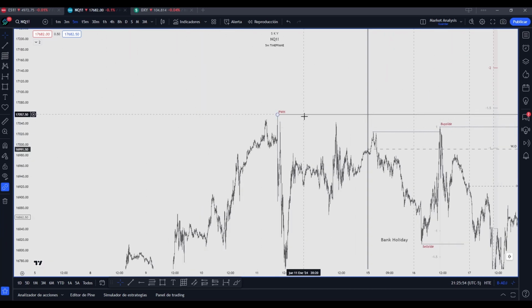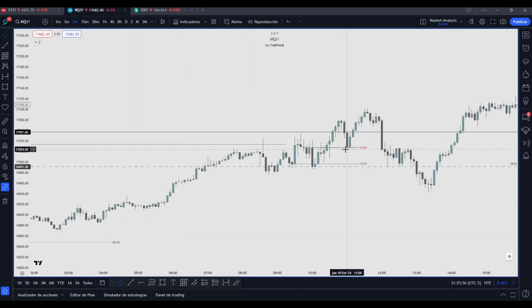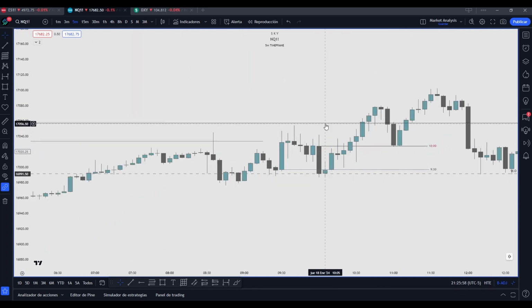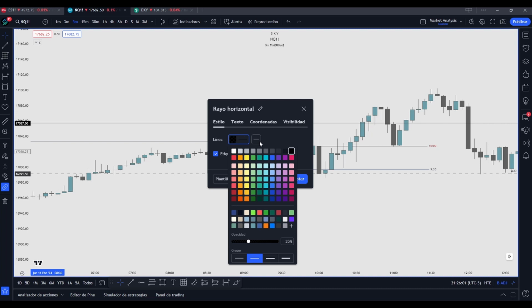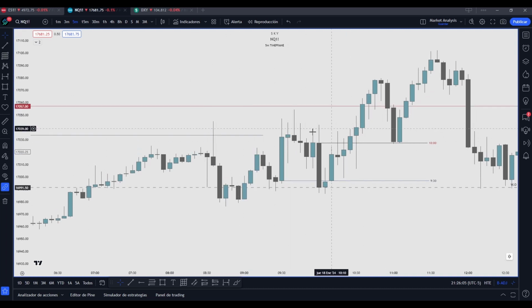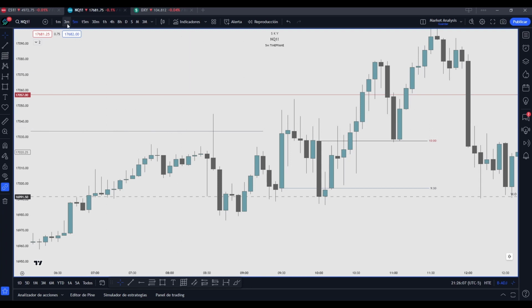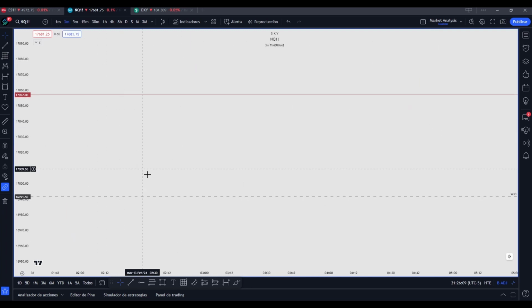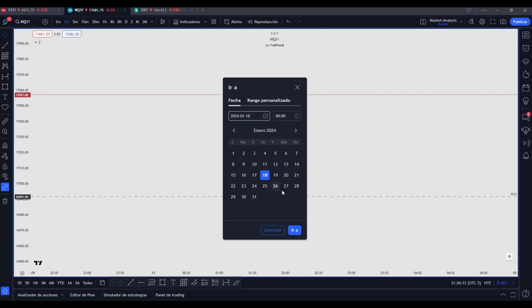So we have our previous week high, which is this, let's place it as a red line. So this could be our buy side liquidity. Let's try to drop to a lower time frame.